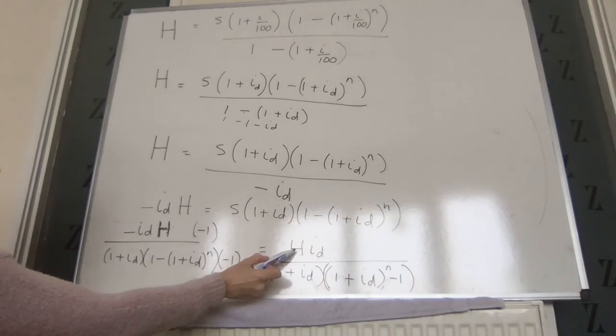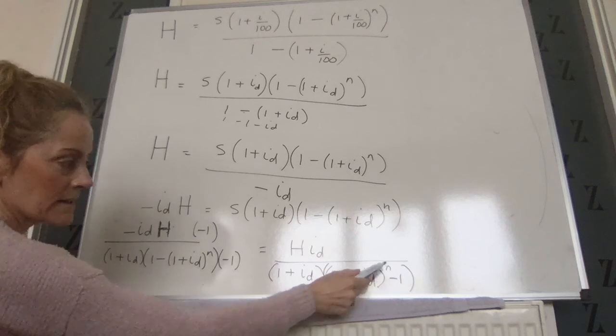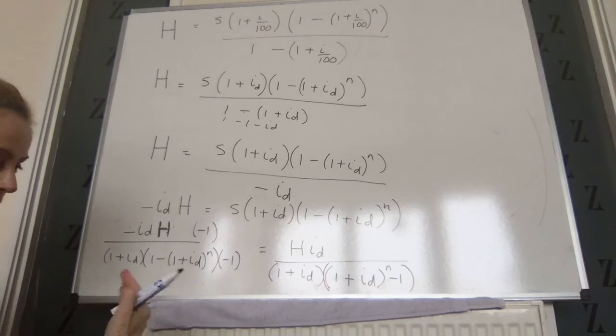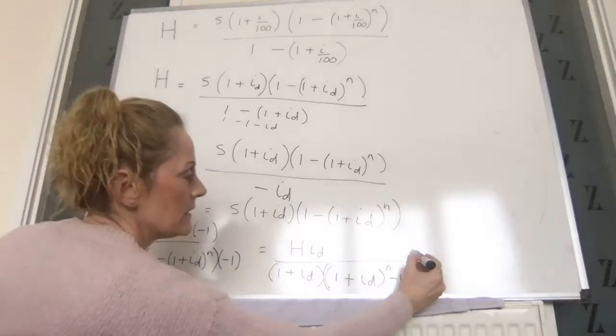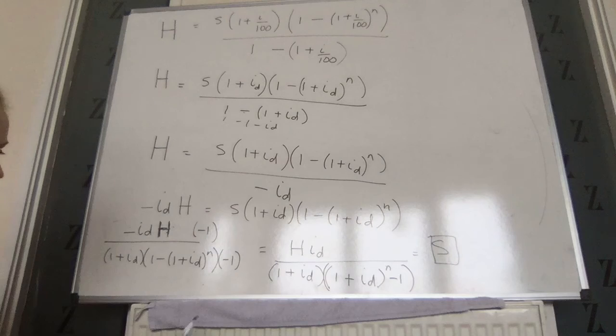And again, you can just fill in your values for the interest rate and the holiday fund that you require. The N, of course, is how many installments you're willing to pay that over. Could be how many months or how many years. And that will give you the S that you need to put away on a regular basis so that you get that holiday fund or that pension.